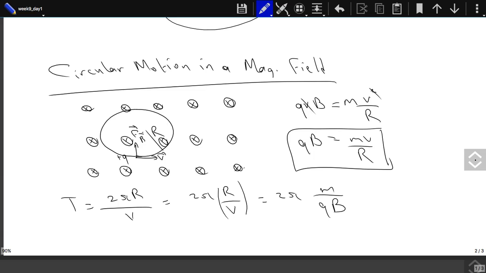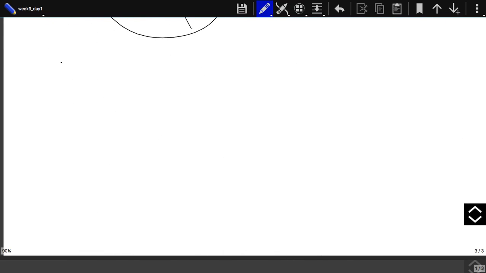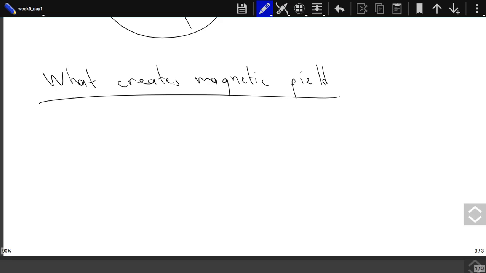Okay, so let's see what creates the magnetic field. Let's just try to apply our understanding of Newton's equations to see what creates the magnetic field. So we had seen that if there is a magnet, it creates a magnetic field.